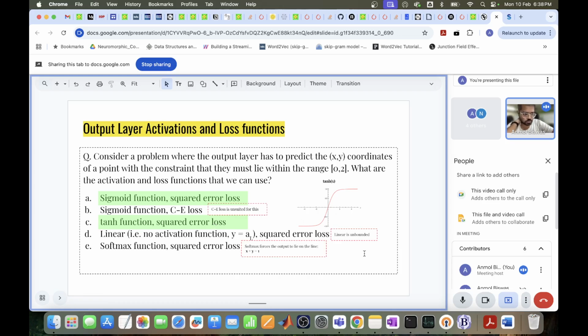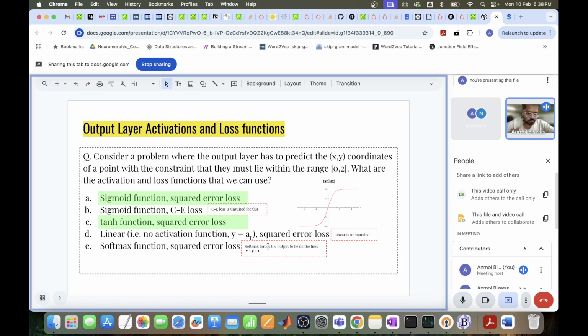And yeah, so the reasoning, whatever I outlined: obviously C loss is unsuited, linear is unbounded, right? It does not have any bounds, and you cannot use softmax, obviously, because softmax, essentially, if you have two outputs and you apply softmax on it, it will force your outputs to lie on this line of x plus y equals 1, right?